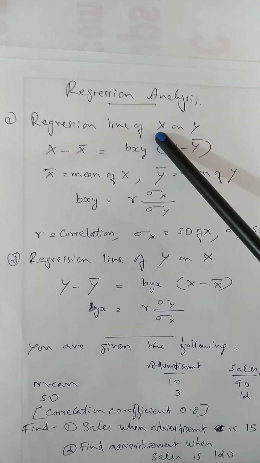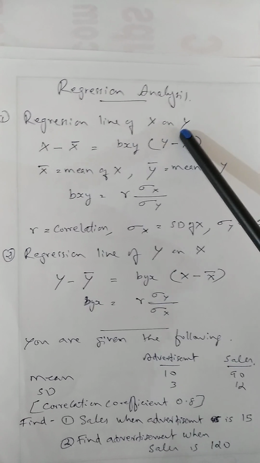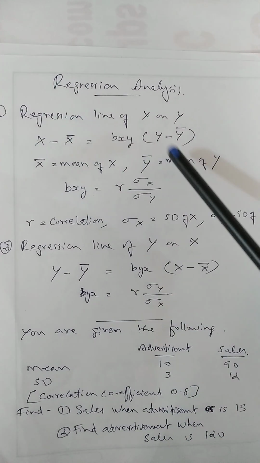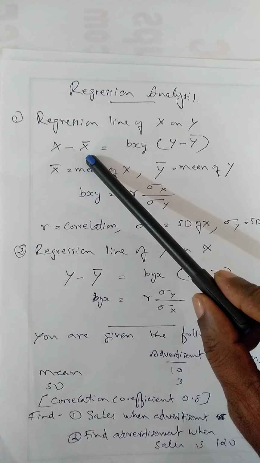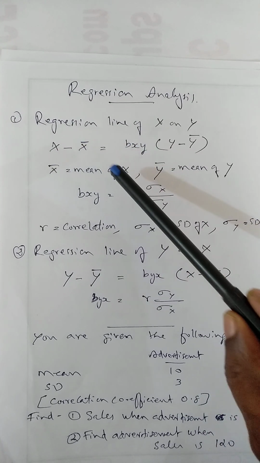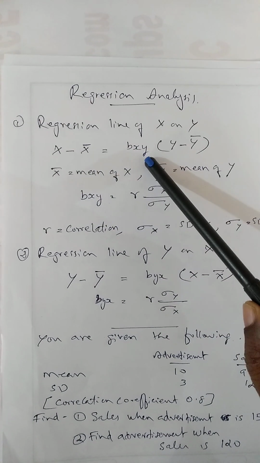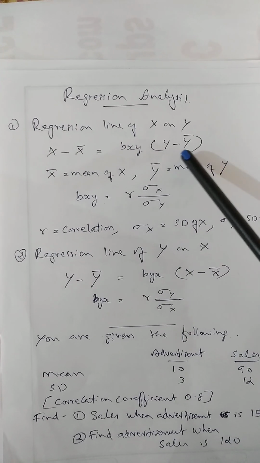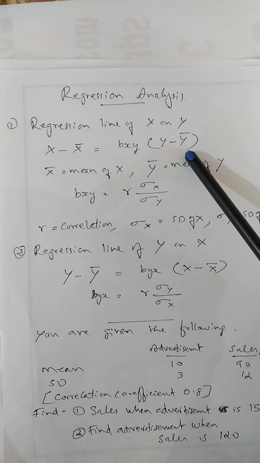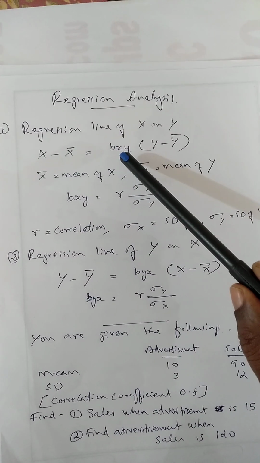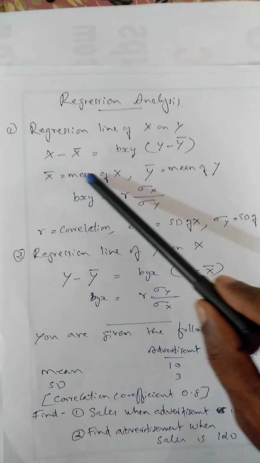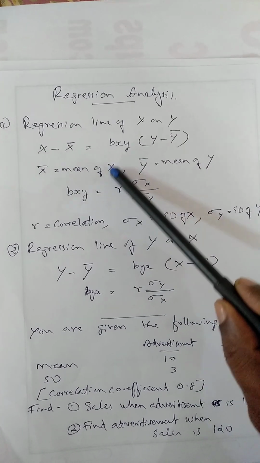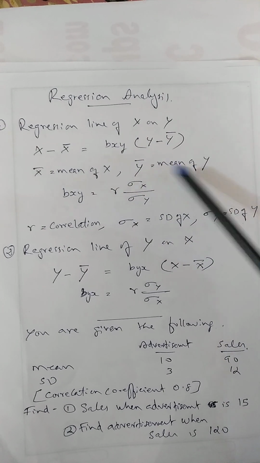Regression line of x on y can be calculated by this formula also. X minus x mean, x bar means x mean, is equal to bxy into y minus y mean. This x bar is the mean of x, and y mean means mean of y.